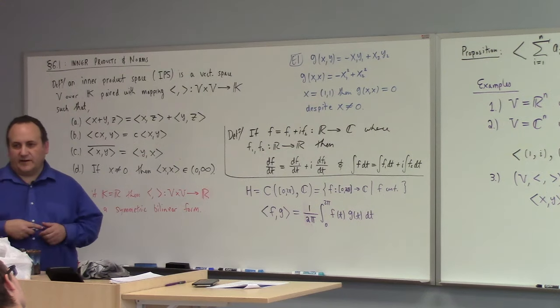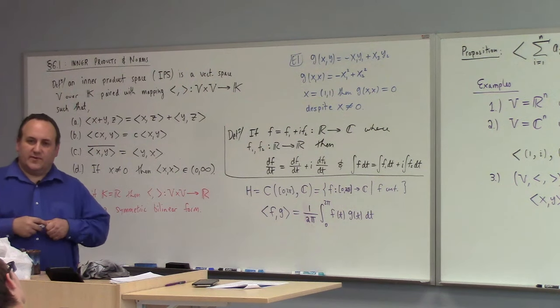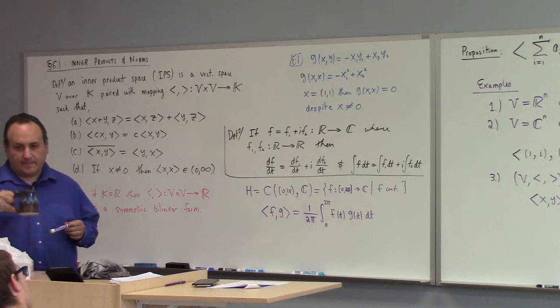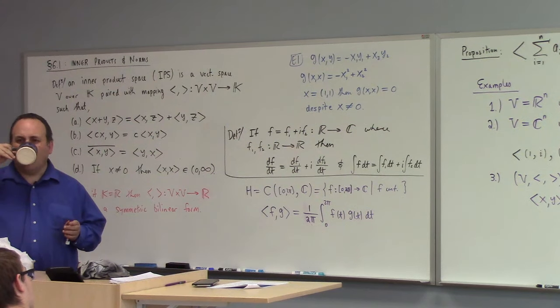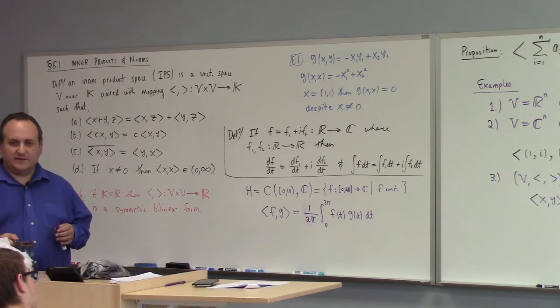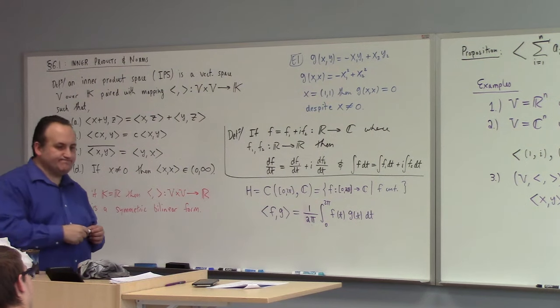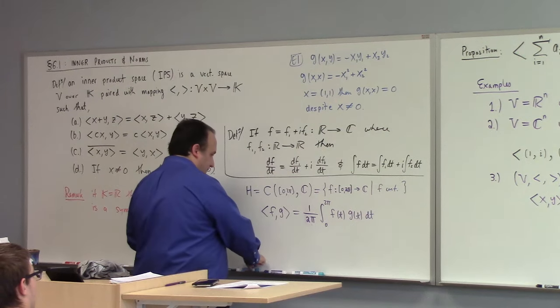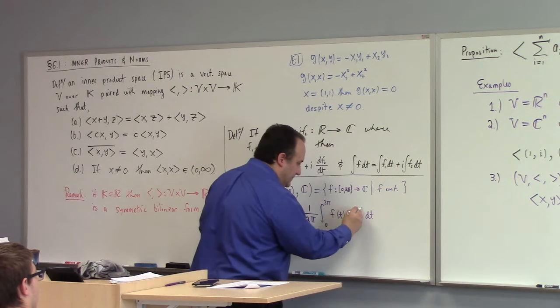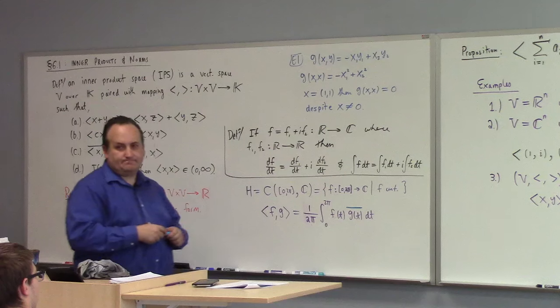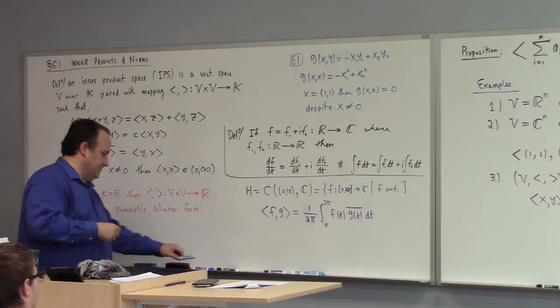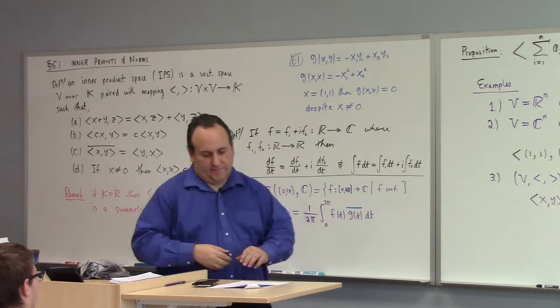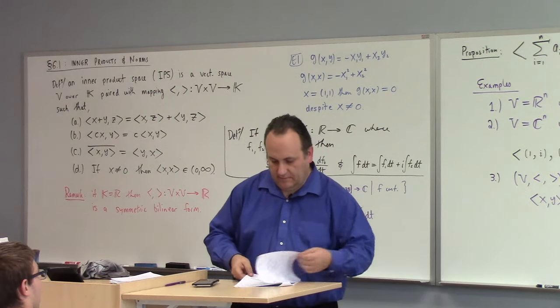This defines an inner product on H. Almost. What's wrong with it? How do I need to fix the formula? What's off? Complex conjugate? I need a complex conjugate right about here. Correct. That's right. So those are the examples that we'll be working with.